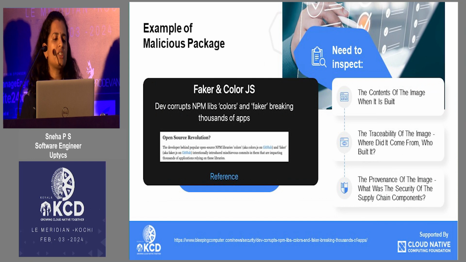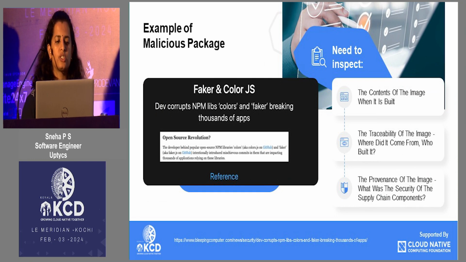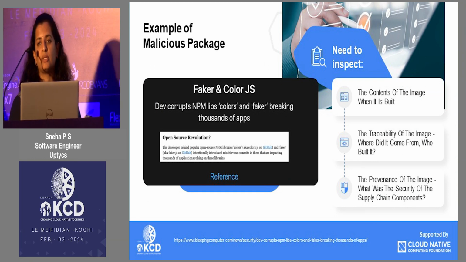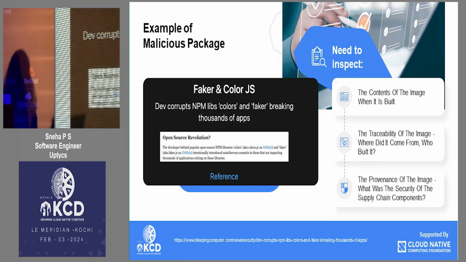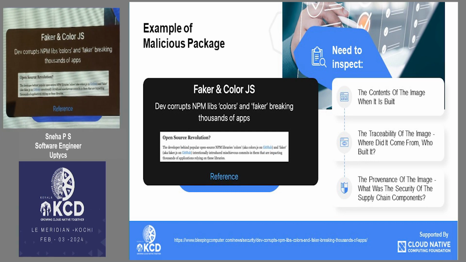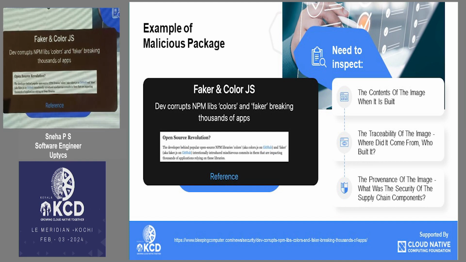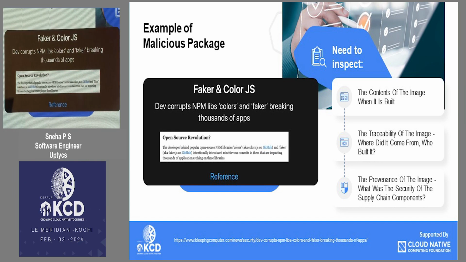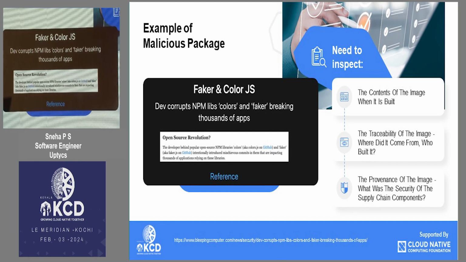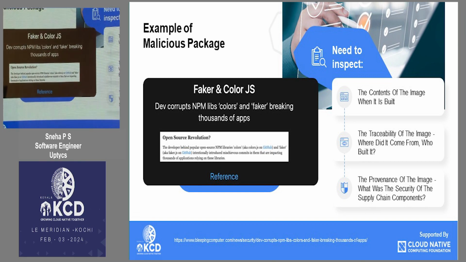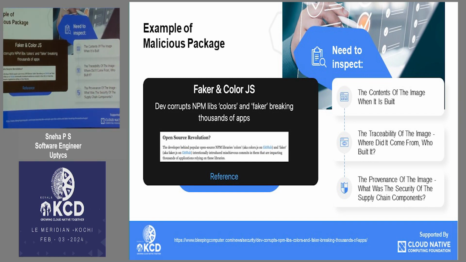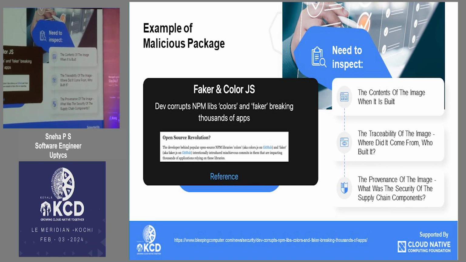Moving on, this is a small example again, about the 2 NPM libraries, Faker and Color.js, commonly used among the developer community for development and testing. What happened here is, with one, the source code went missing. The developer himself removed all the source code and then brought about a new build.